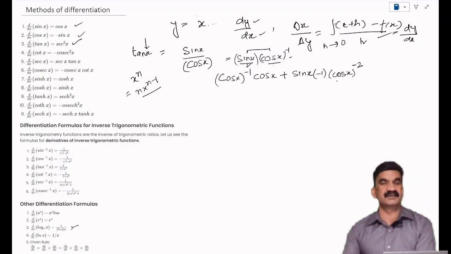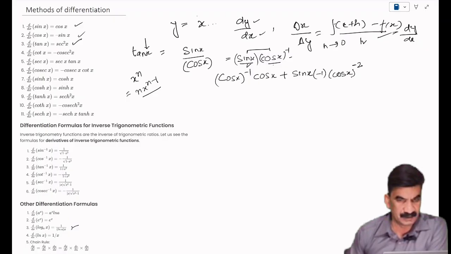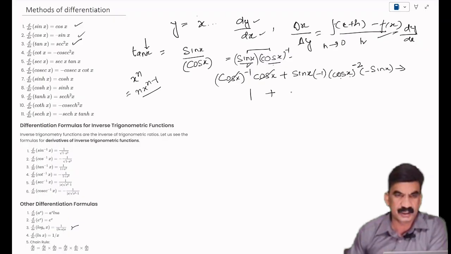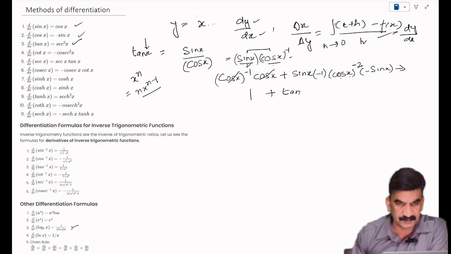If inside there is a variable, I mean, this x you are still differentiating, you will have to write the derivative of this as well. So derivative of cos x will be equal to minus sin x, which is standard. Now, if you evaluate this, these two will cancel out. I'll get 1 plus sin square x by cos square x. So this will be 1 plus tan square x, which is nothing but sec square x, right?